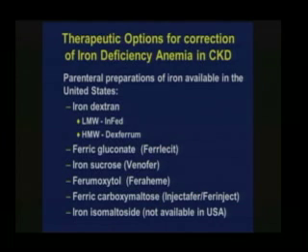We've got ferric gluconate, sold as Ferrlecit. There's iron sucrose, sold as Venofer. Ferumoxytol came out on the market a few years ago, branded as Feraheme. The latest entrant is ferric carboxymaltose, sold as Injectafer and Ferinject. There's also another compound called iron isomaltoside, which is not yet available but may soon be on the market.